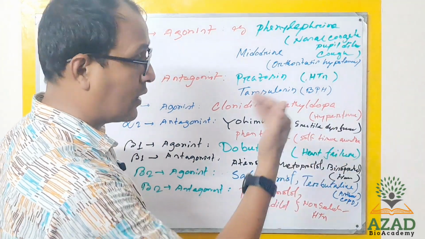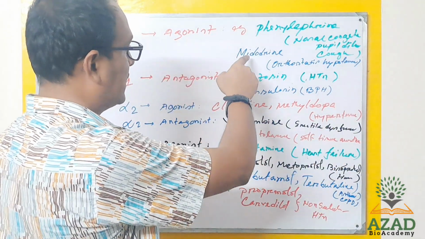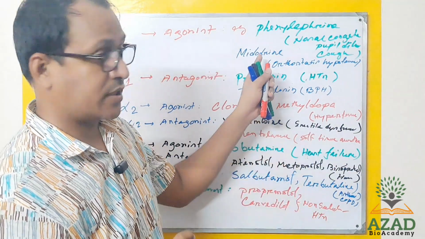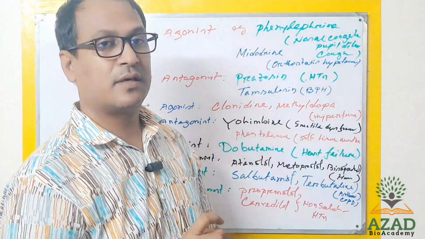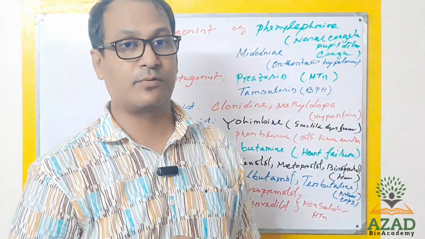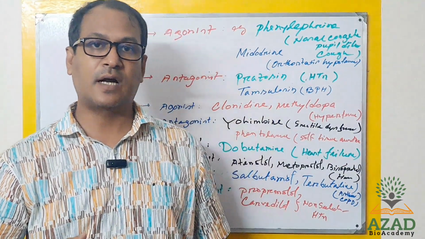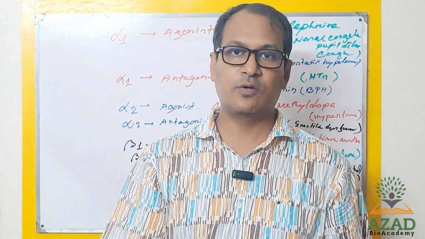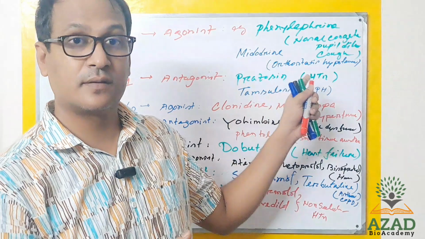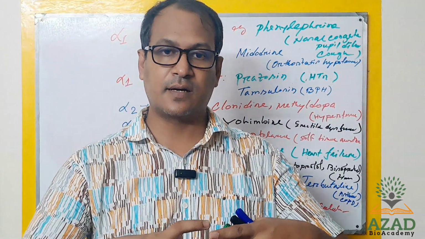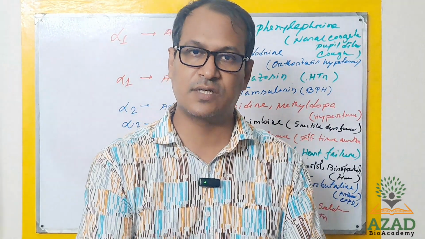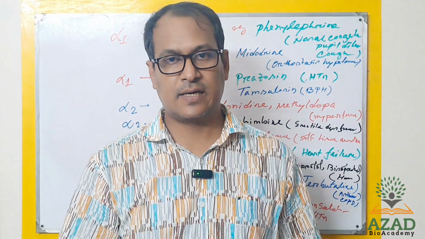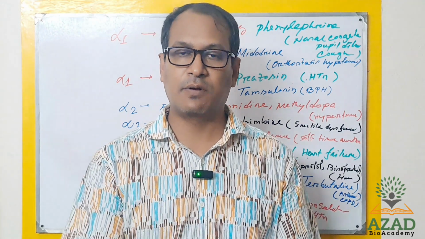Okay. So now another agonist is your midodrine. That midodrine can be used for orthostatic hypotension. That means suddenly, abruptly, your blood pressure can fall down. Then you should take the midodrine, and that will increase the vasoconstriction, and instantly it will try to increase the blood pressure.